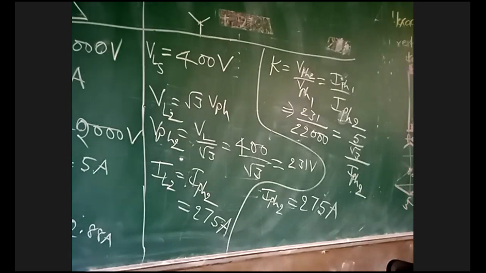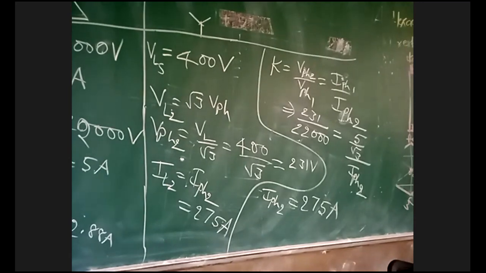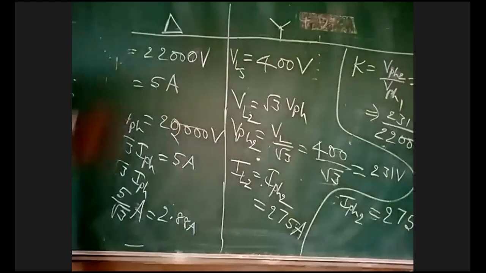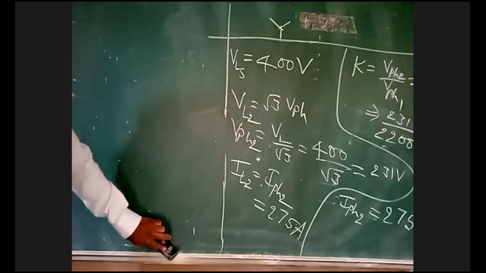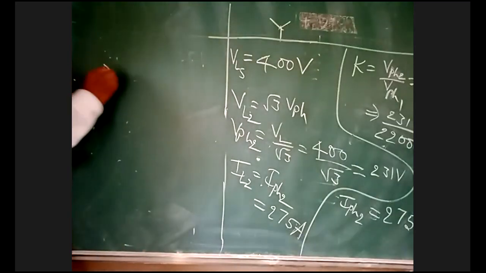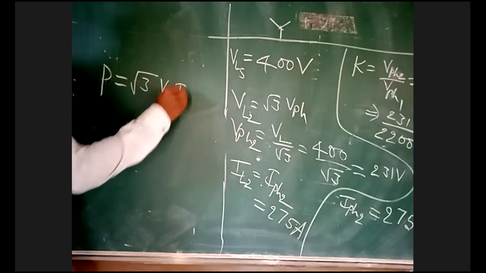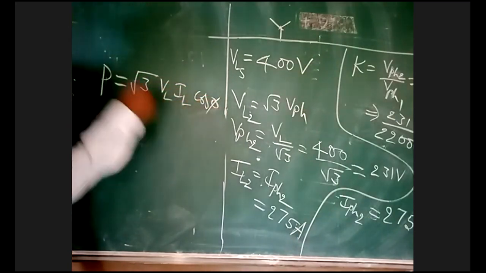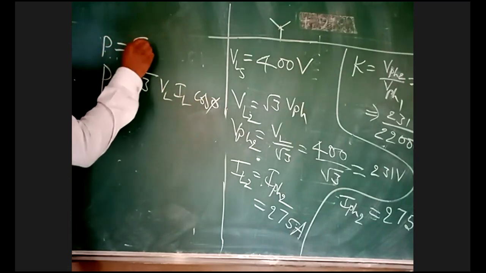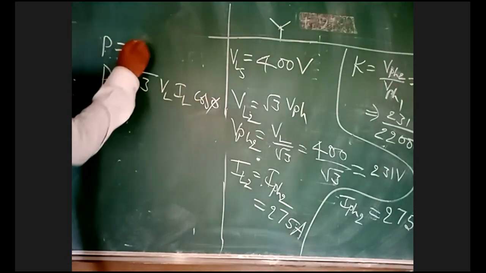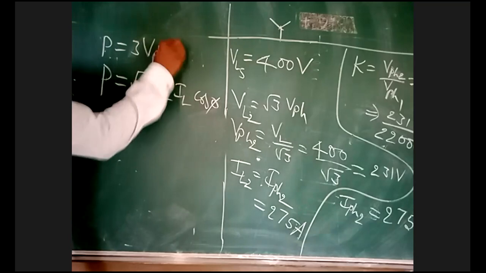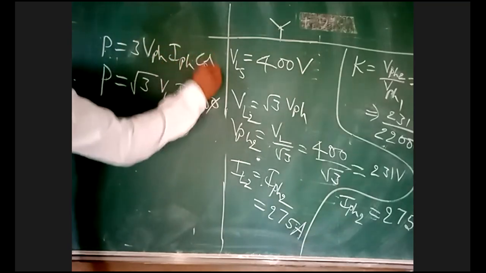And what else is he asking in the problem? Line currents, output of the transformer. See here, output power P is equal to root 3 VL IL cos phi. Otherwise, you can take 3 into V phase I phase cos phi.